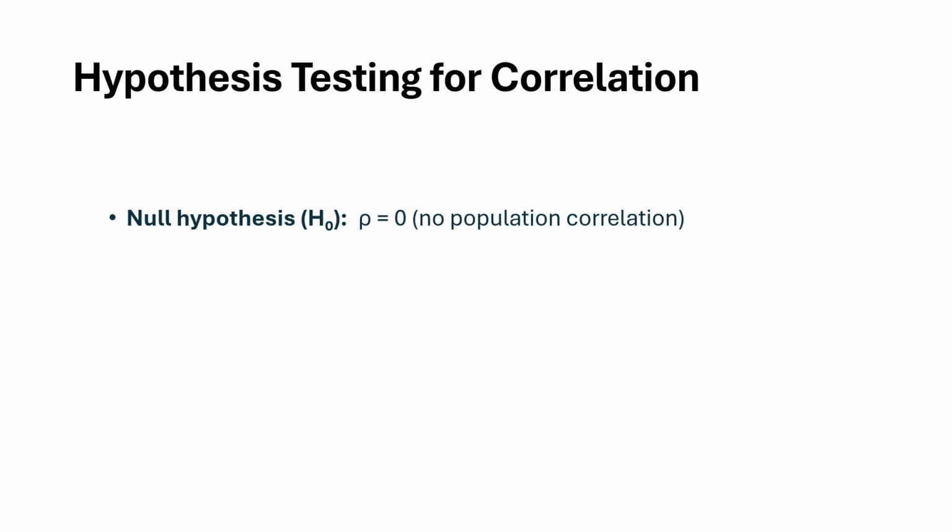Same is the case here. We use R for the sample and the rho symbol for the population. So the null hypothesis would be that rho, the population correlation, is zero, meaning that there is no correlation between the exposure and outcome. The alternative hypothesis will be that rho is not equal to zero, meaning that there is a correlation between exposure and outcome.